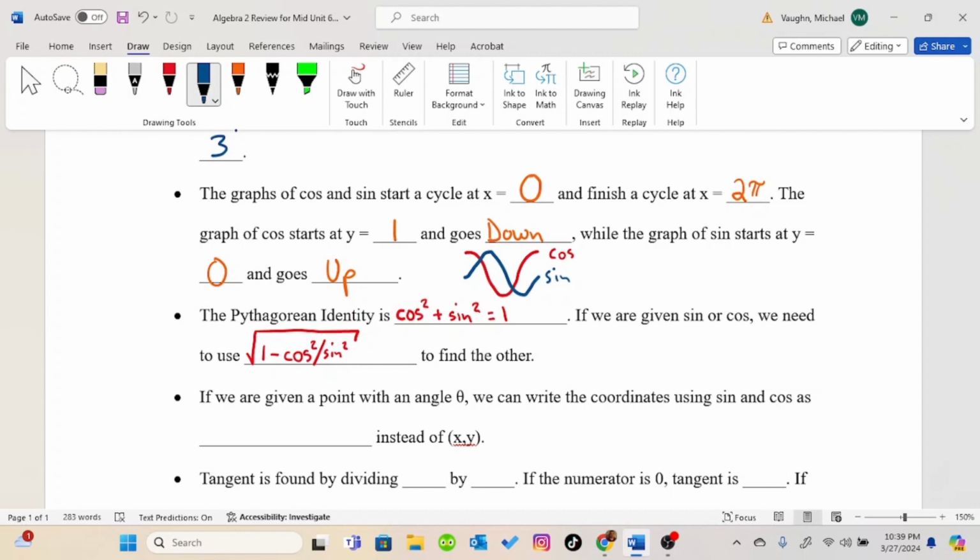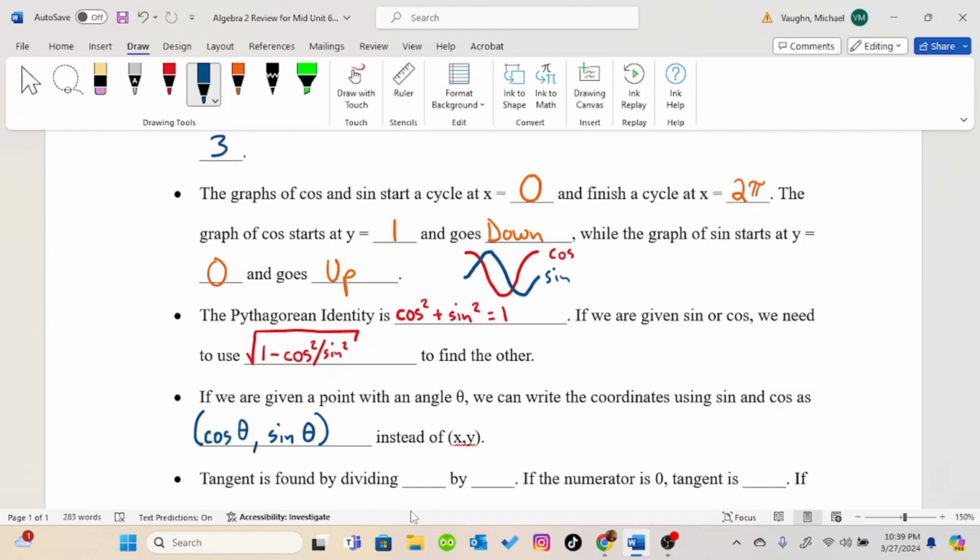If we are given a point with an angle theta, we can write the coordinates using sine and cosine as cosine theta, sine theta, instead of using x and y coordinates.